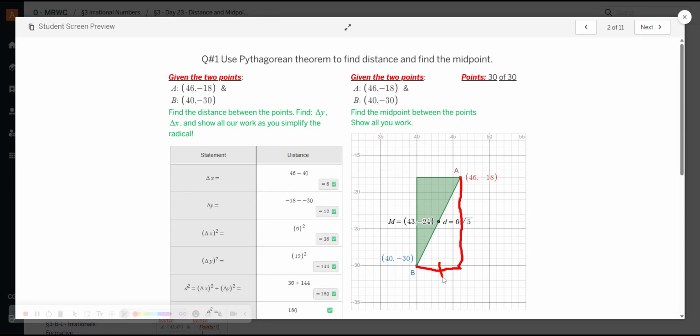It's the average of the x's, or the middle. So you go in 3, you go in 3, and that would be 43, right? And if you average the y's, it would be a point in the middle right here. So you can see here there are 2, 4, 6 up in the top, 6 boxes in the bottom. It would be right in the middle, and that's the midpoint.